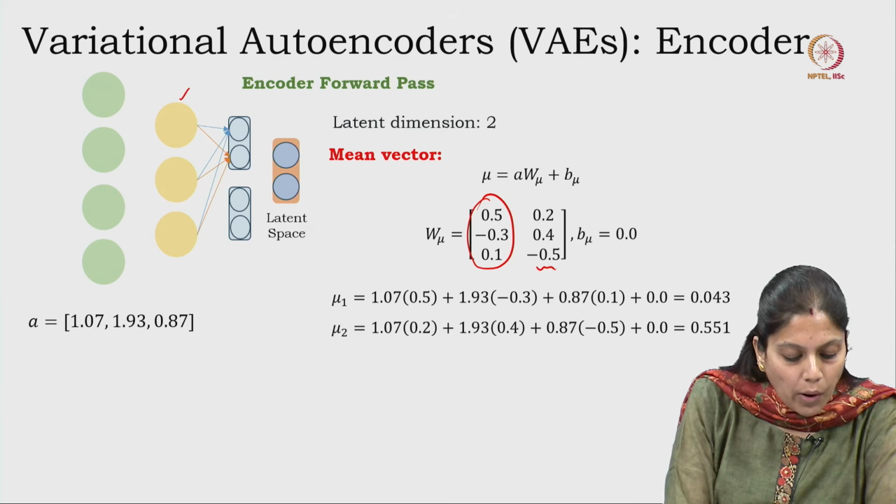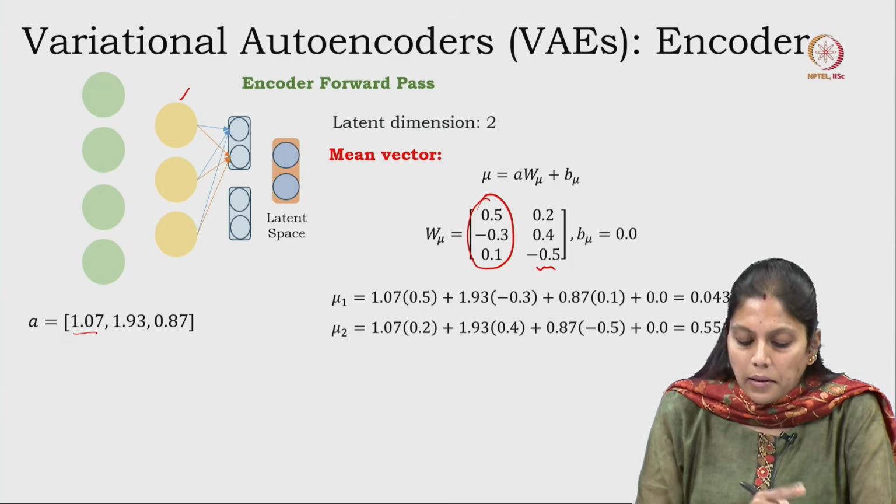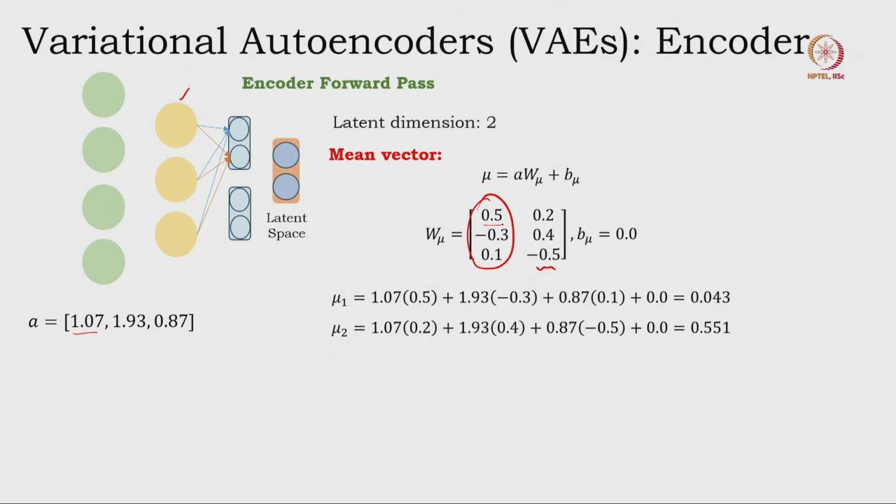The input is 1.07, which gets multiplied with the weight 0.5, then the input 1.93 gets multiplied with the weight minus 0.3, and then the input 0.87 gets multiplied with the weight 0.1. We also require a bias term, and that bias is 0.0. Once again you perform the calculation and you get this particular value.